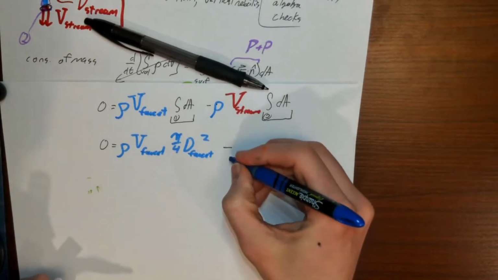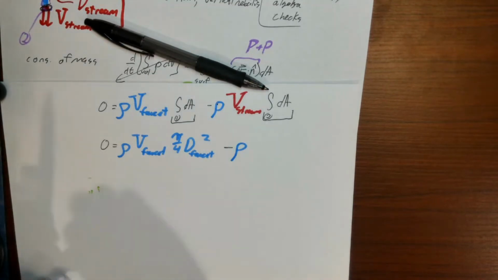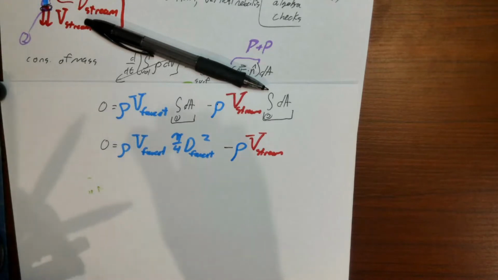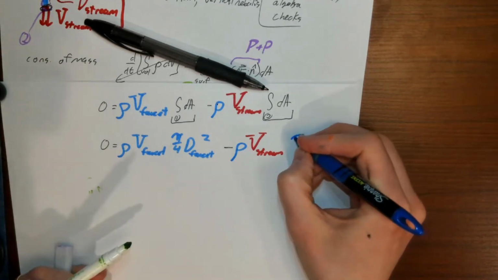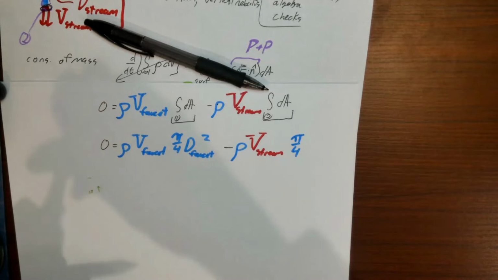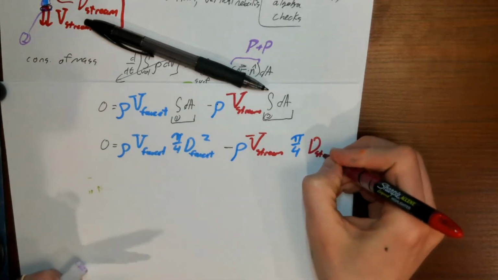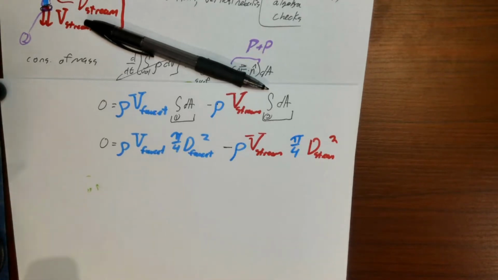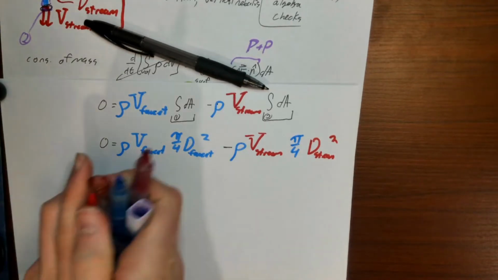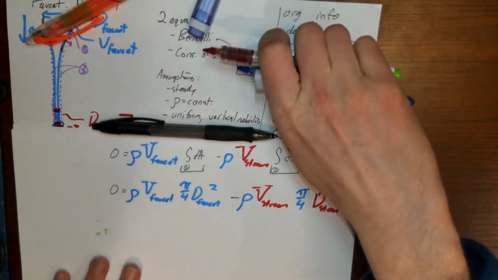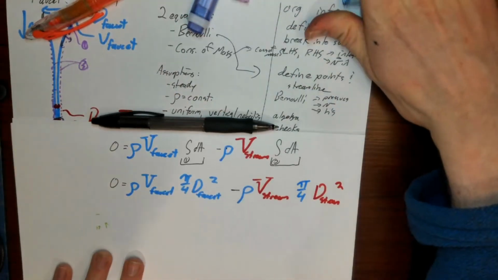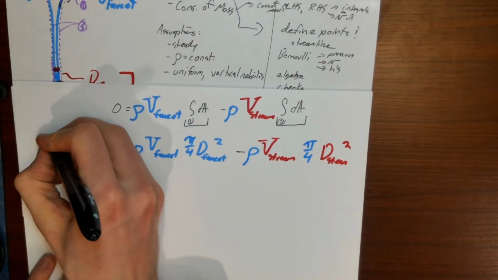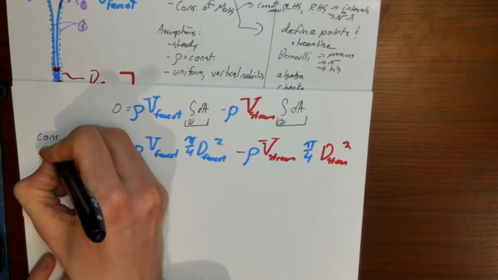We have minus rho v stream times pi over 4 d stream squared. So we have one equation, but we have two unknowns in it, and we anticipated this, right? We anticipated that we would need two equations to deal with these two unknowns. So this is one of our equations, and this is the result from conservation of mass.